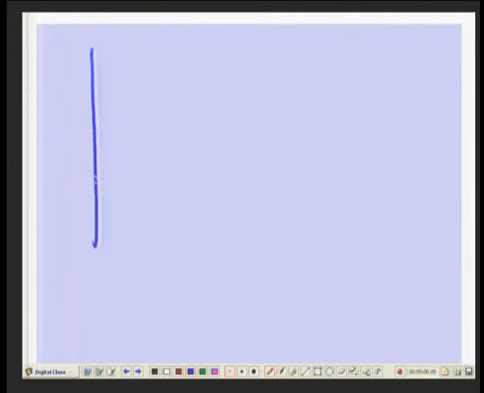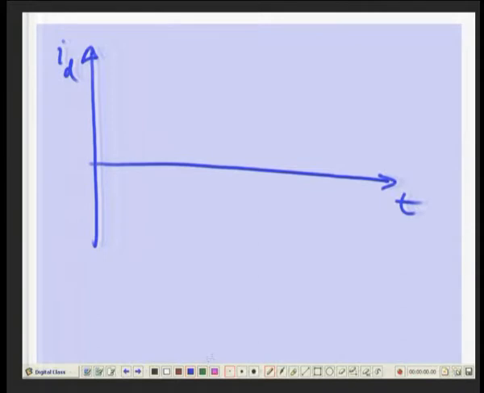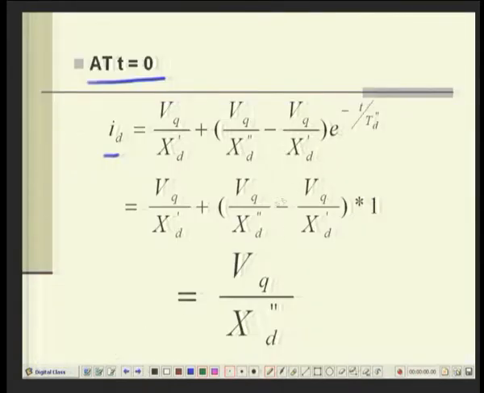So, if you plot ID versus time, at the instant you will have the double dash value and it will die down. And what will it indicate? It will die down, and there is another term, VQ by XT double dash.